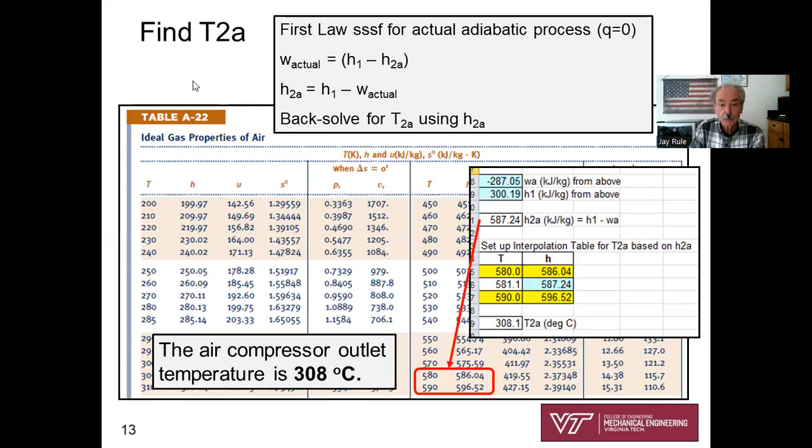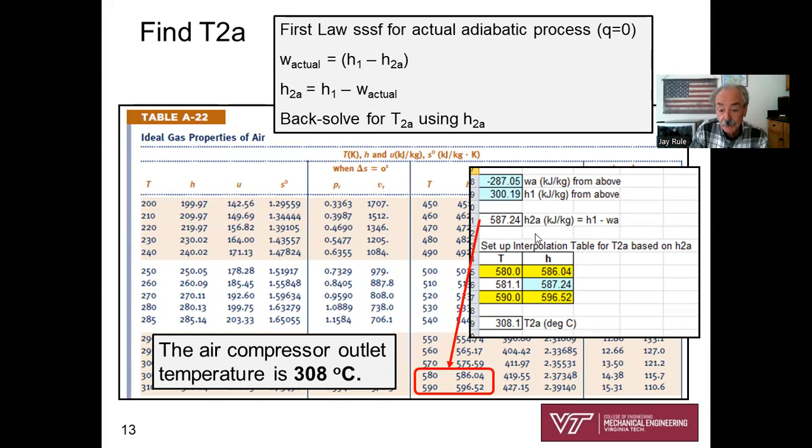So we're almost there. We'll apply the first law, steady state, steady flow for the actual adiabatic process, Q is 0. So W actual is H1 minus H2A. So I'm going to solve for H2 actual: H1 minus W actual. I've got both numbers on the right-hand side.